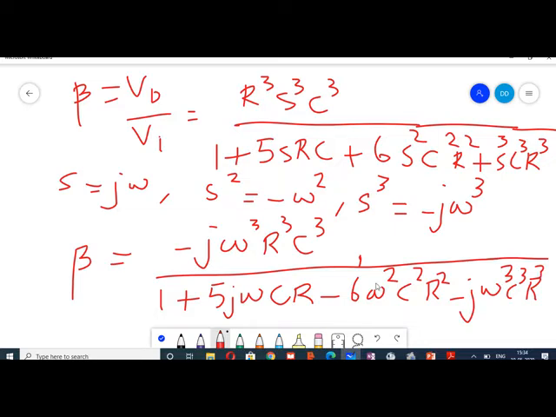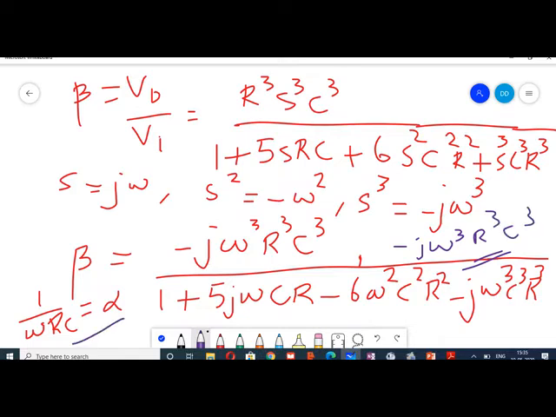Now what we do is we will consider 1 by omega RC as alpha, and this particular equation we will divide both the numerator and denominator by minus j omega cube R cube C cube. So we consider alpha equal to 1 by omega RC and divide the numerator as well as denominator by minus j omega cube R cube C cube.